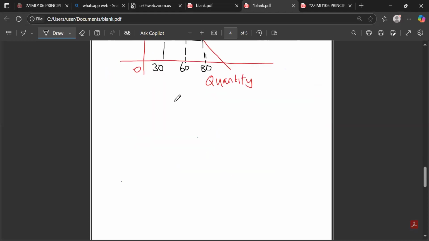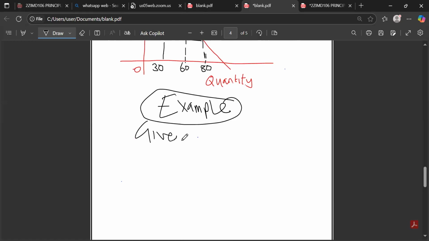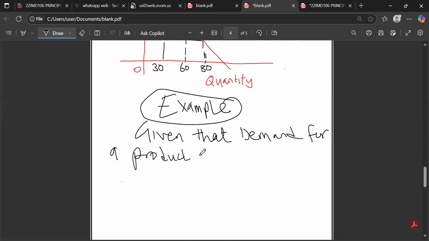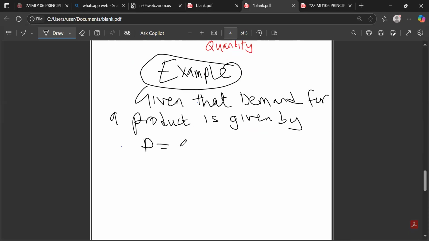So now, an example. Let me give you this example here. Given that demand for a product is given by price is equal to 100 minus 5Q.